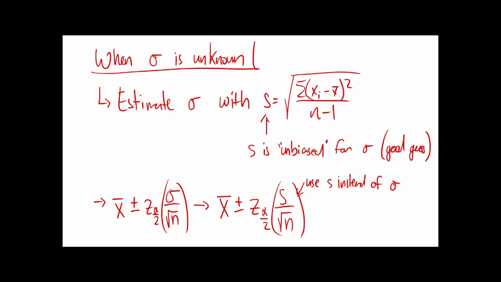But it turns out it doesn't matter because actually this doesn't work that well. There actually is a problem with this. It doesn't really work as well as you think. And here's the problem. If you do this, this doesn't actually have the confidence you think it has.